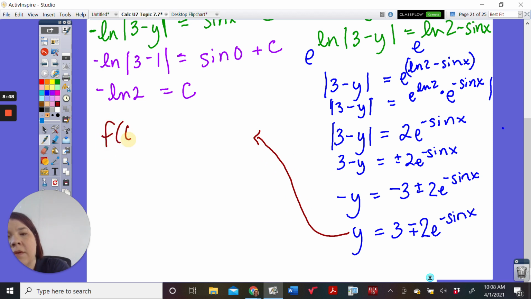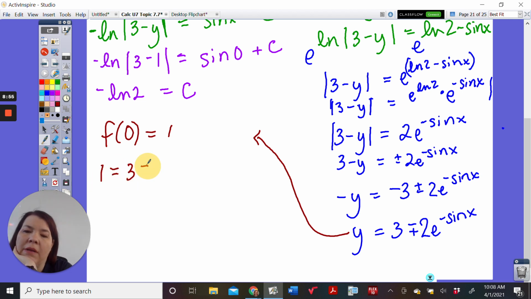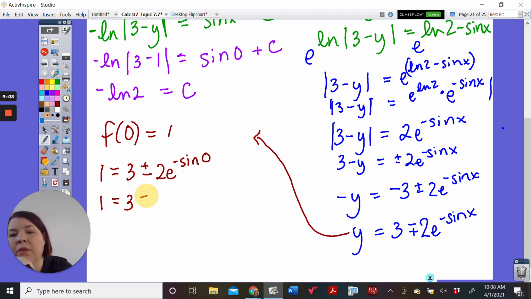F of 0 is 1. So 1 equals 3 plus or minus 2e negative sine 0. So 1 equals 3 plus or minus 2. E to the sine of 0 is 0, so that's e to the 0, which is just 1.